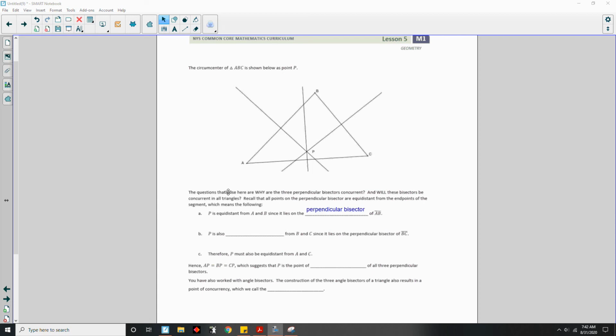Okay, B. P is also blank from B and C, since it lies on the perpendicular bisector BC. So we want this word, equidistant.